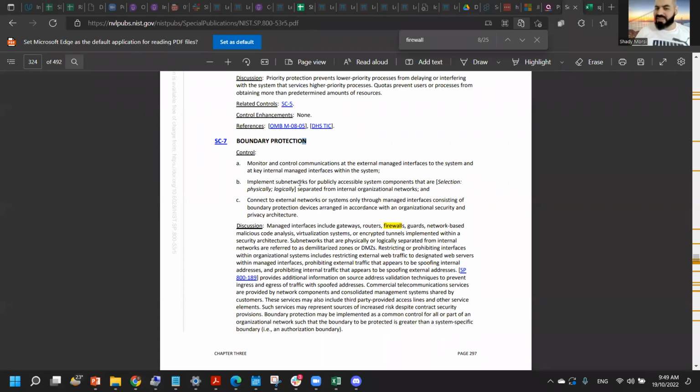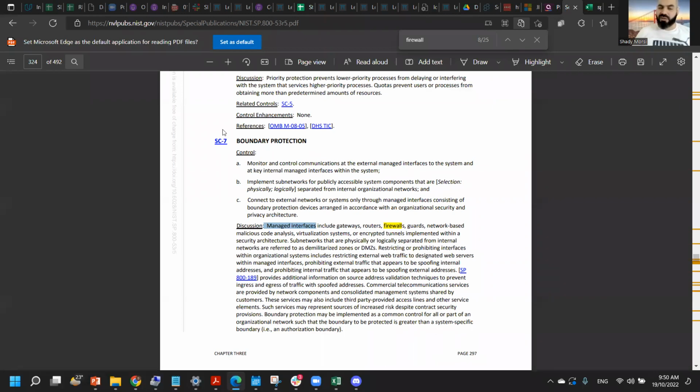Implement subnetworks, logically or physically. These are the VLANs. And also connect to external networks or systems only through managed interfaces. The description tells you again that managed interfaces could be a router or a gateway, or a firewall, or maybe a network-based intrusion detection and prevention.